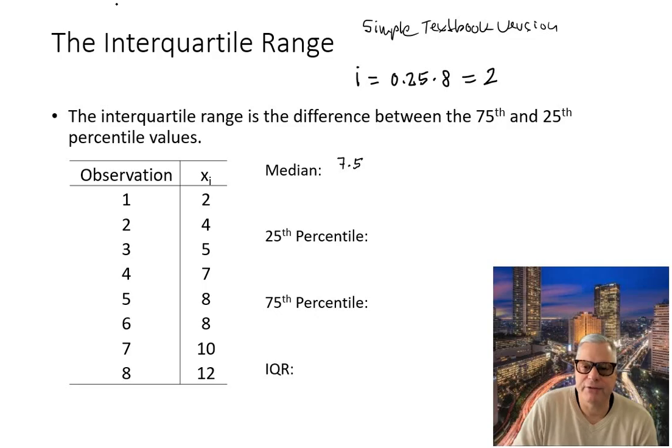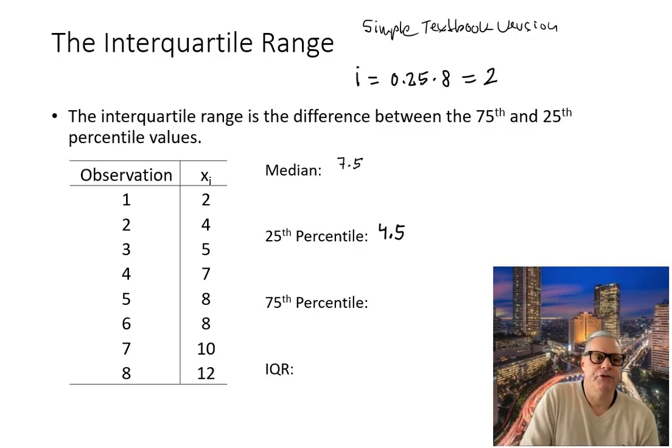So again, we have an integer, so we have to take the midpoint between the second and the third observation. So that's the midpoint between 4 and 5. So that would be 4.5.